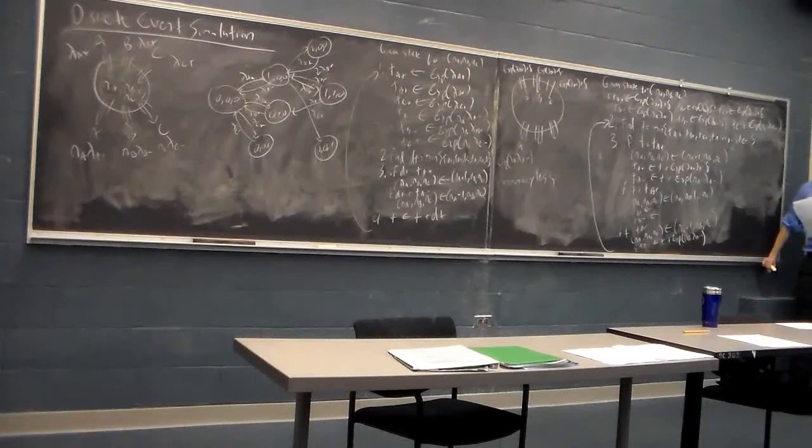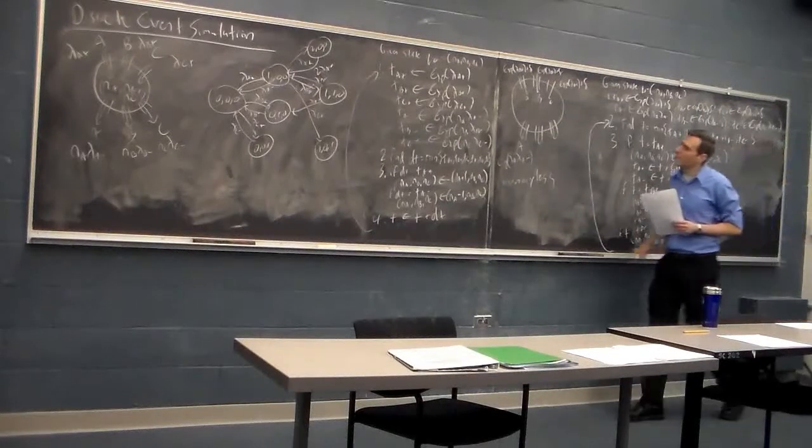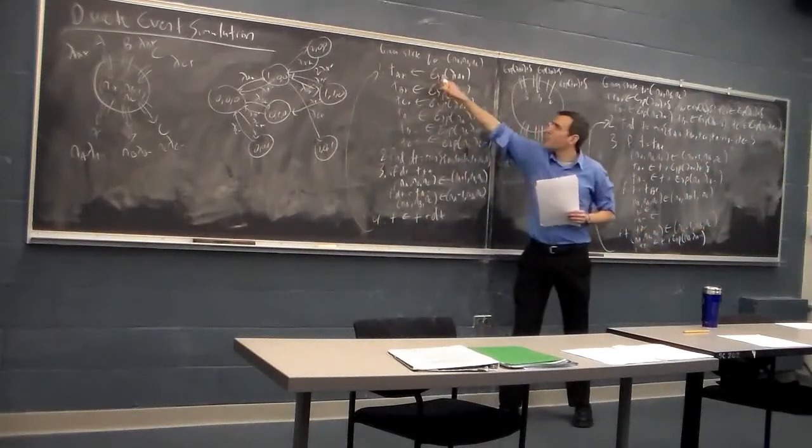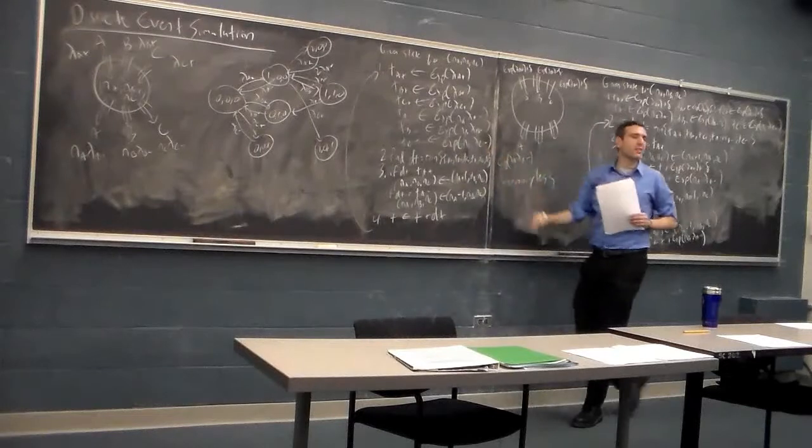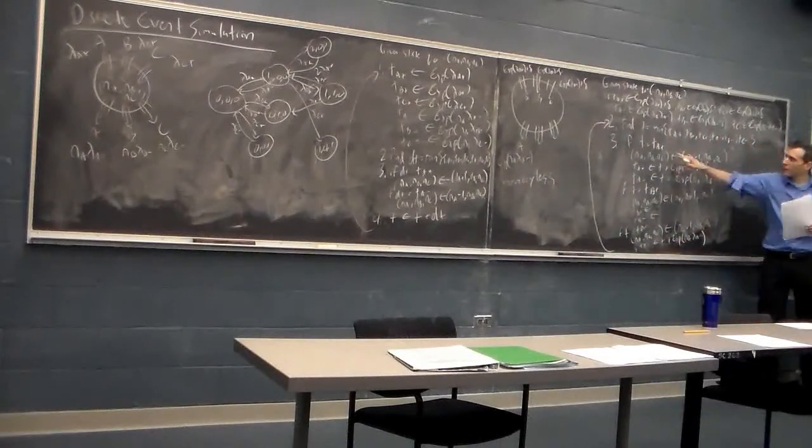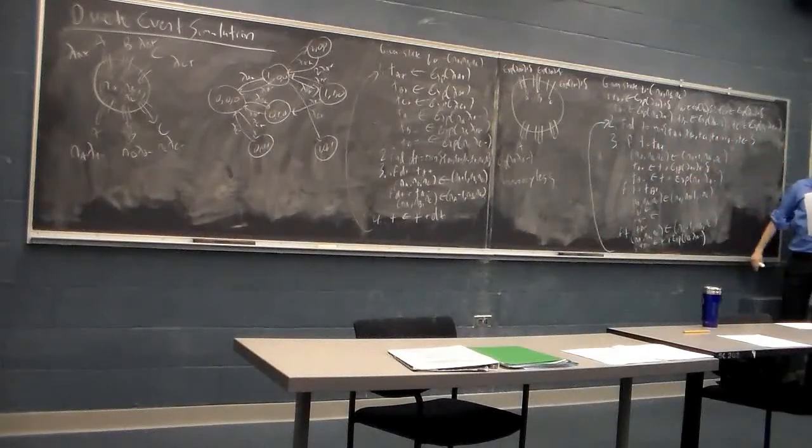The key difference you should be noticing is that in the earlier case, we picked new times for all of the things that might happen next. In this case, we're picking new times only for a subset of things that might happen next, and the rest of them we're leaving alone as they were before.